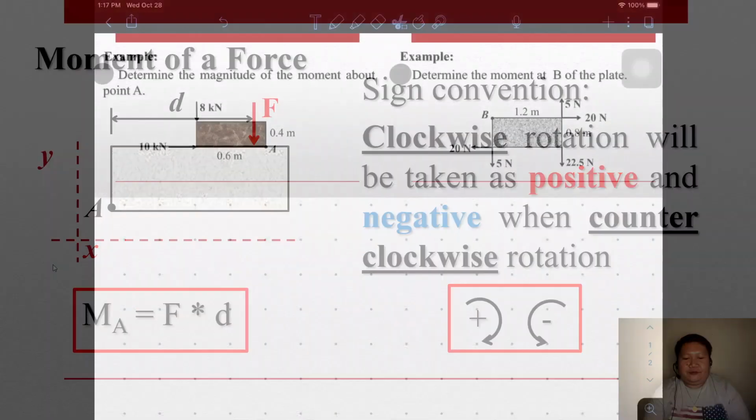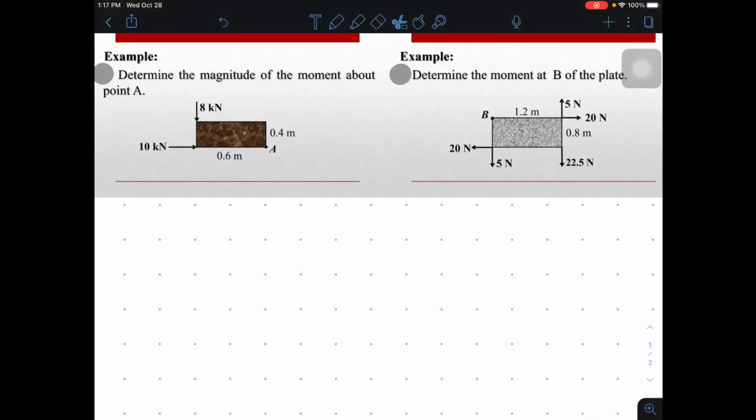So here, example for moment of a force. Determine the magnitude of the moment about point A, to check whether these forces will cause rotation about this point A. So this is our point A, and we're going to check what would be the magnitude of the moment there.